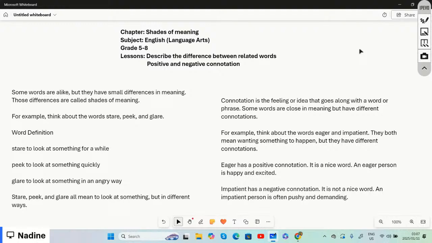The differences in the meaning, we call that shades of meaning.